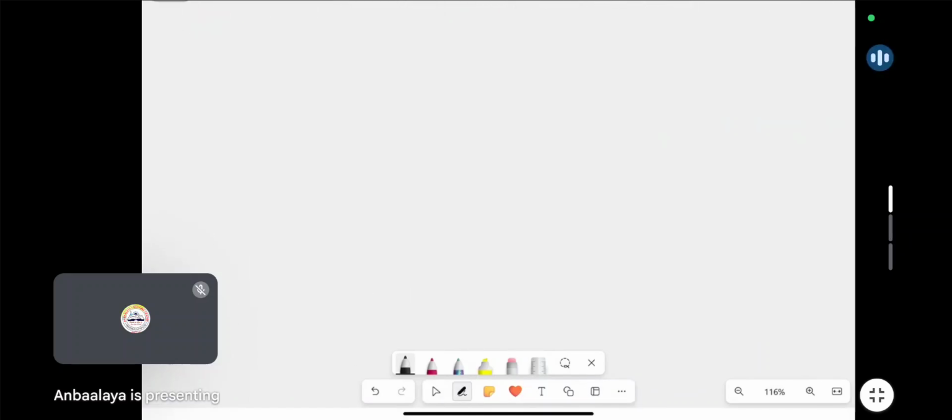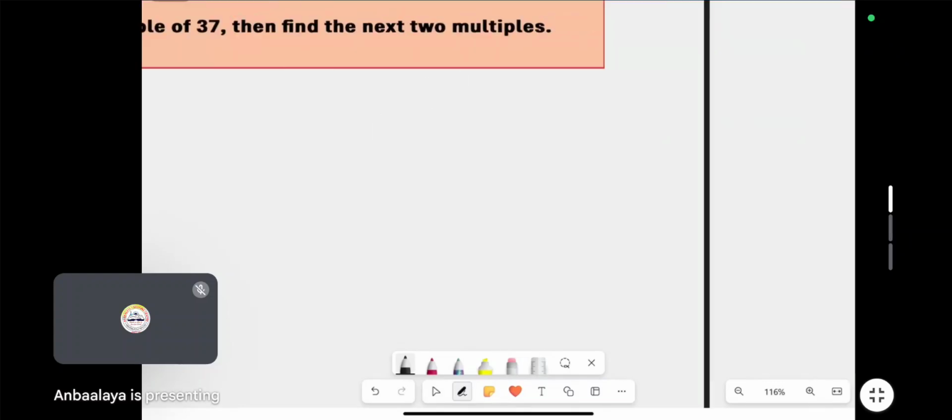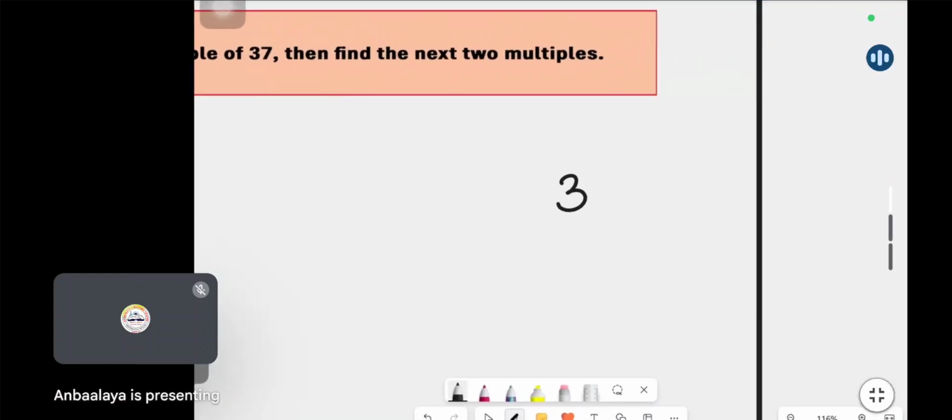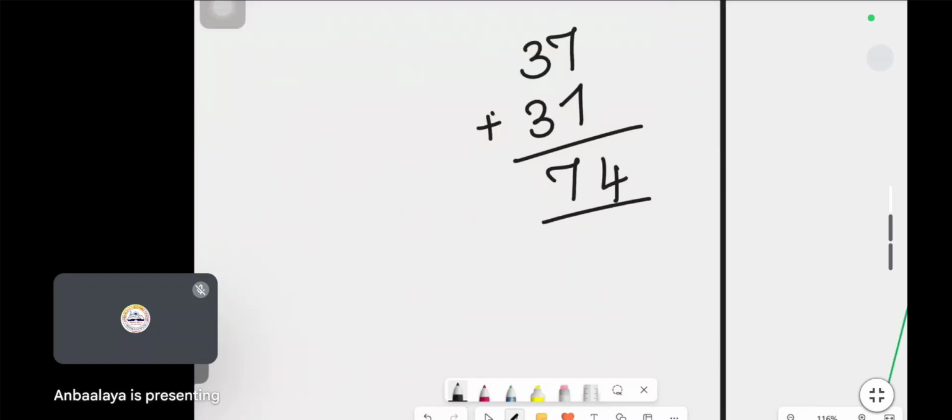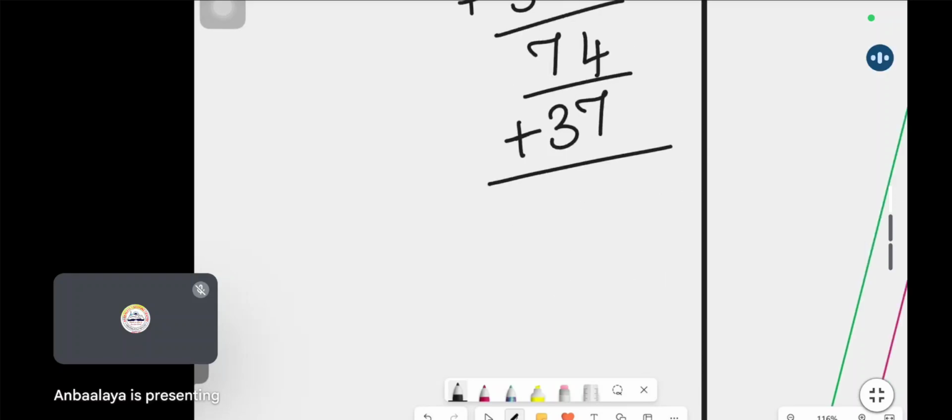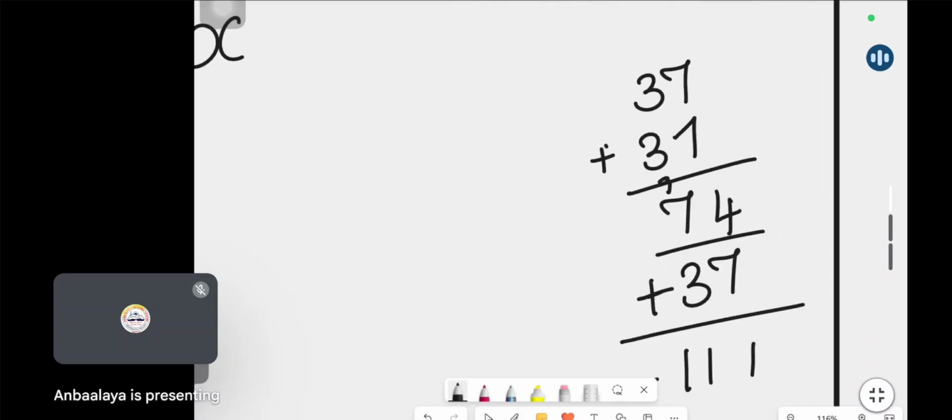In the same way, let me take 37. How do you find the next multiple? Plus 37. 37 plus 37 is 74. Again, for the next multiple you add 37. 74 plus 37 is 111. So you are adding like this.